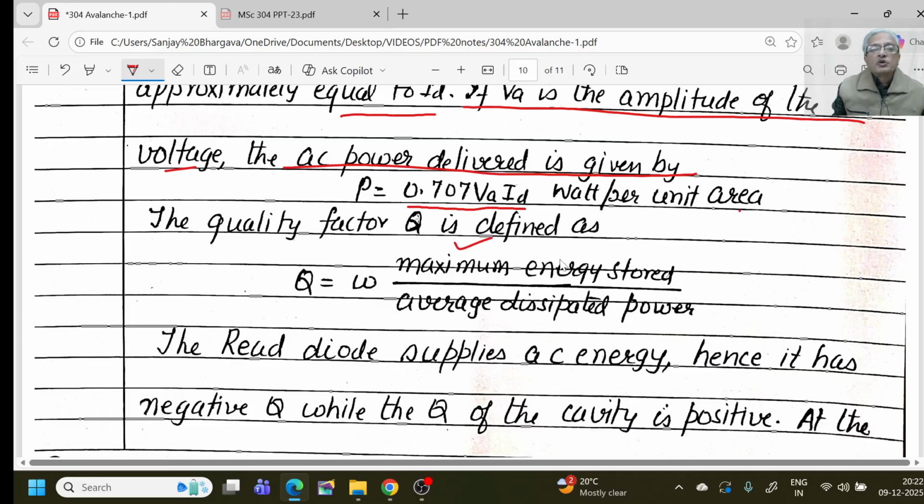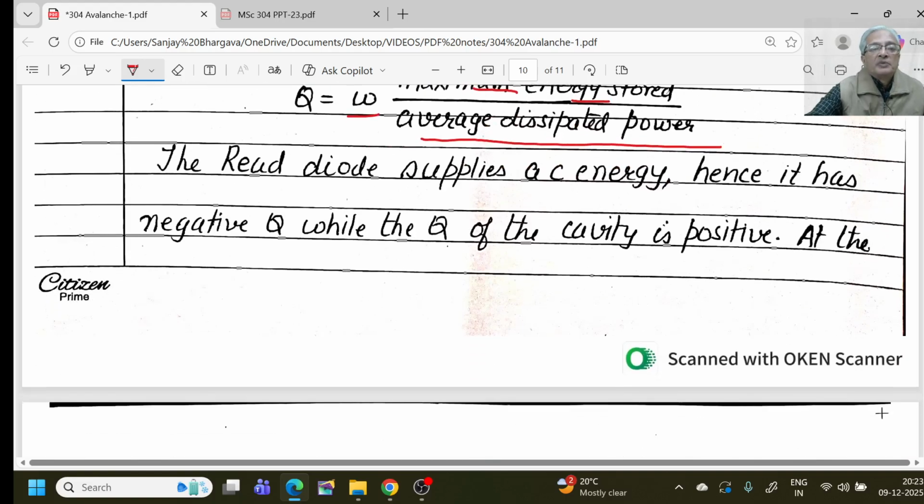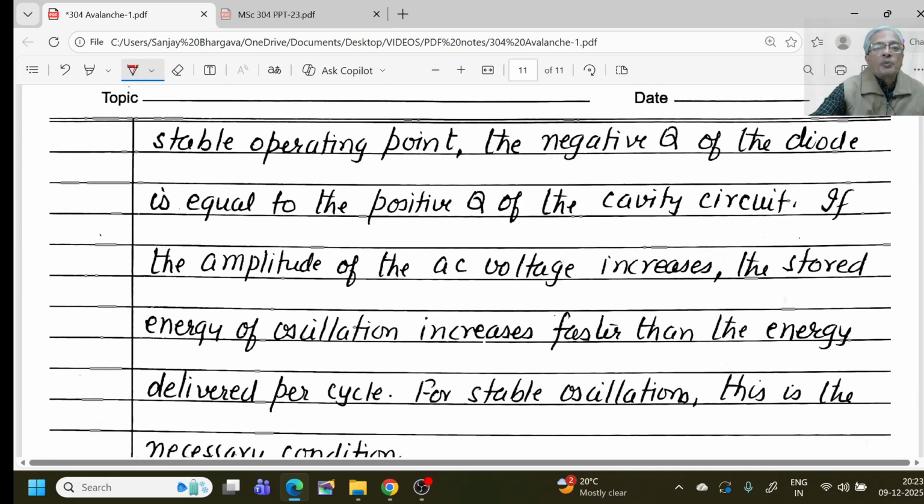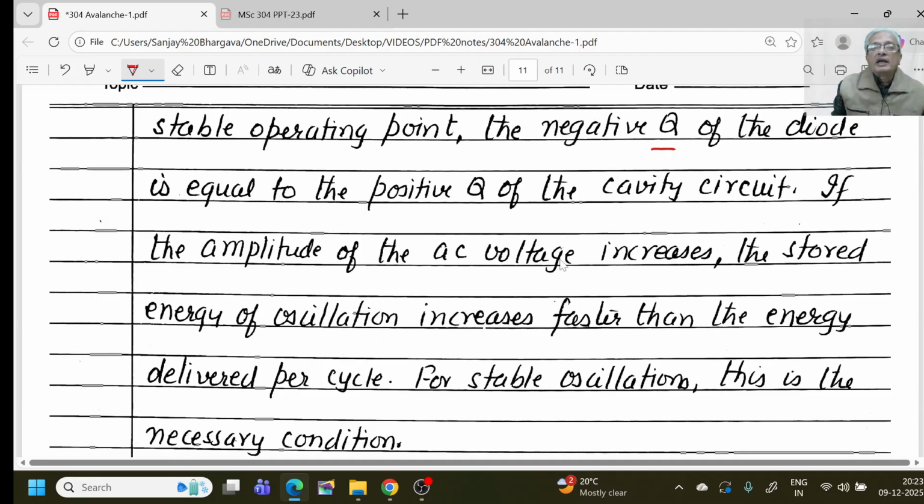The quality factor Q is defined as Q equals omega times maximum energy stored divided by average dissipated power. The read diode supplies AC energy, hence it has negative Q, while Q of the cavity is positive. At the stable operating point, the negative Q of the diode is equal to the positive Q of the cavity circuit.